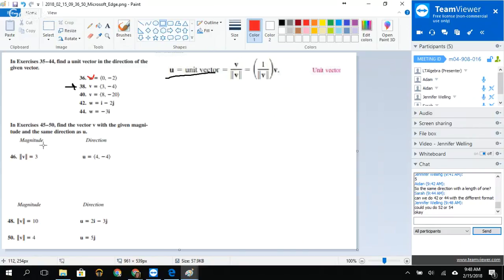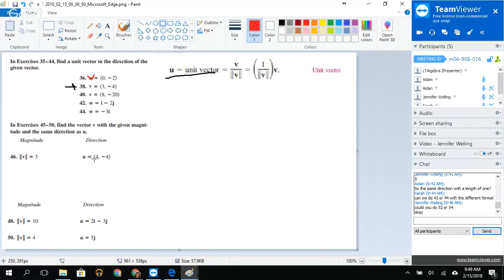So it says, find the vector v with the given magnitude and the same direction as u. Okay, so they tell us that vector v is 3 units long, right? But it's in the same direction as vector u.